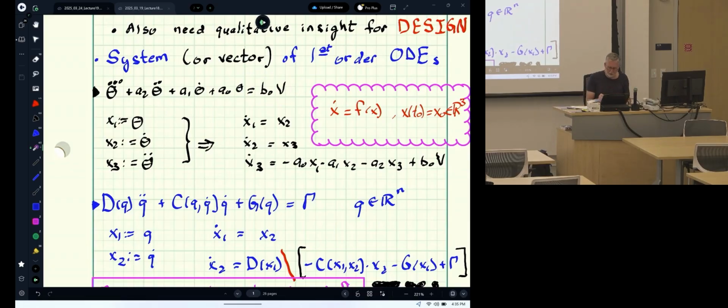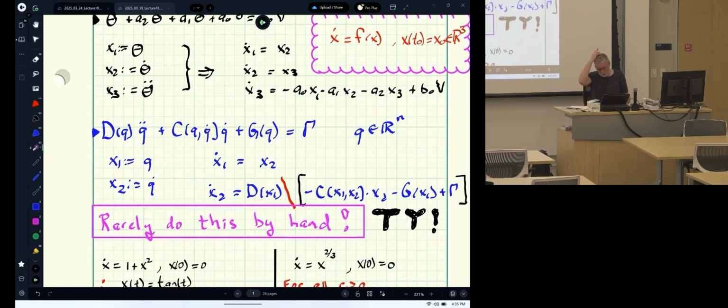And this gives us x dot equals f of x. This is f1 of x, f2 of x, f3 of x, etc. So that's a vector first order differential equation.